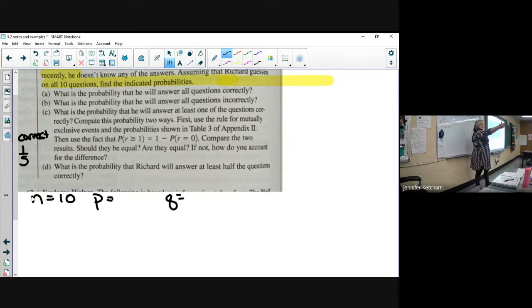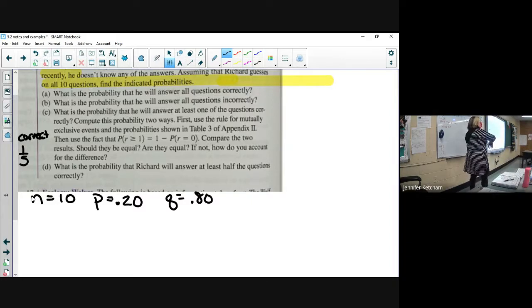Which is how much? 20%. That's what we want, right? So he's got a 20% chance of guessing right, which means what else? There's an 80% chance he's going to get it wrong. So those are the crucial values that we need to pull right from that question.